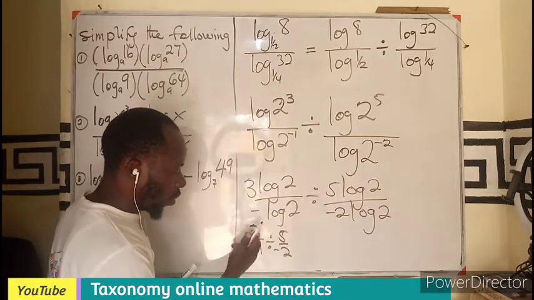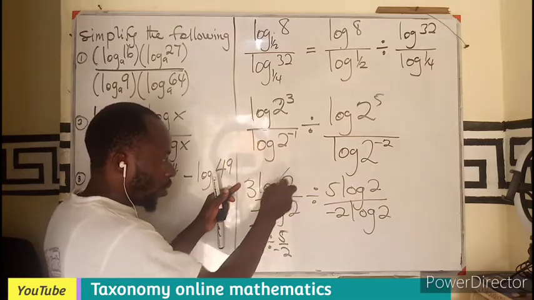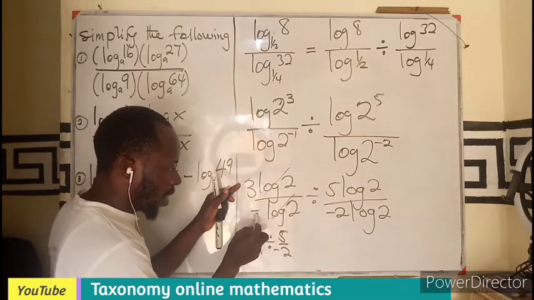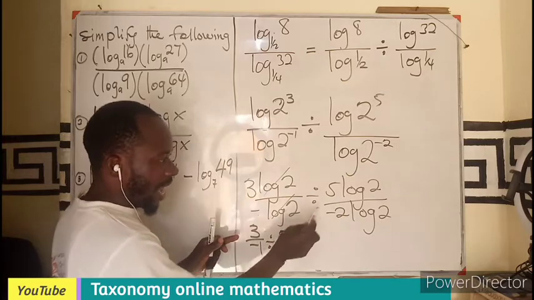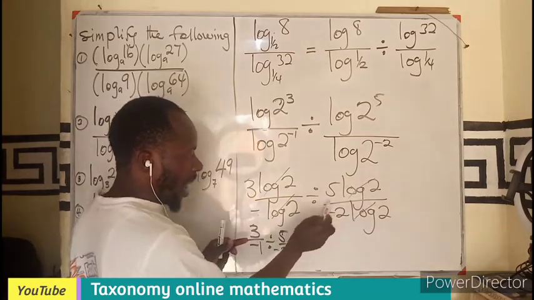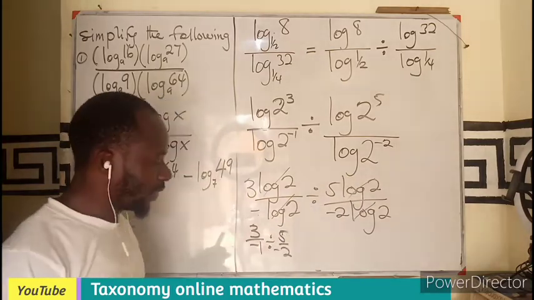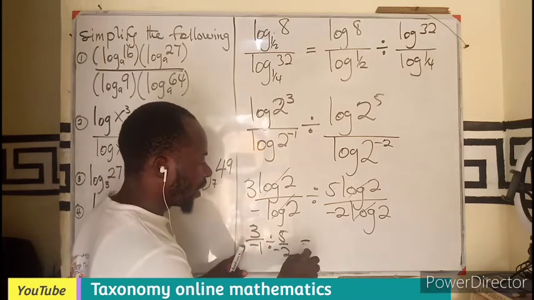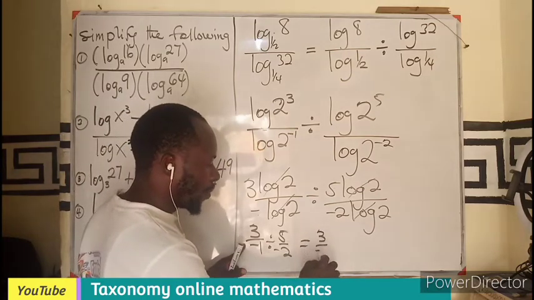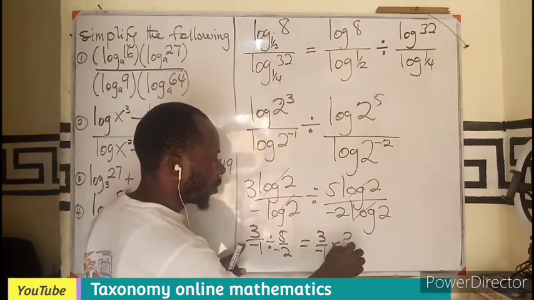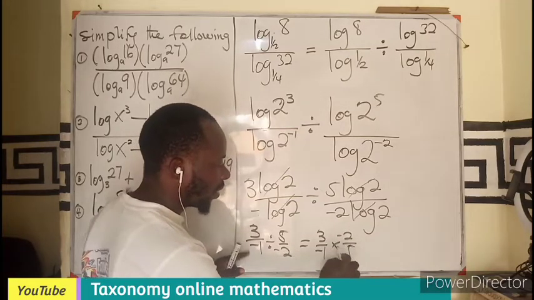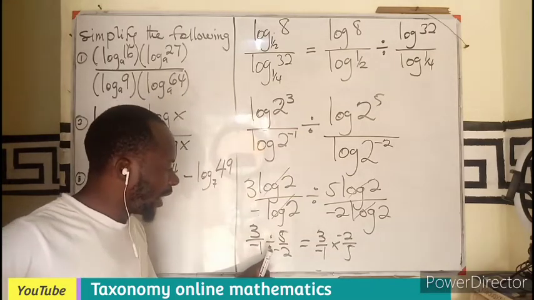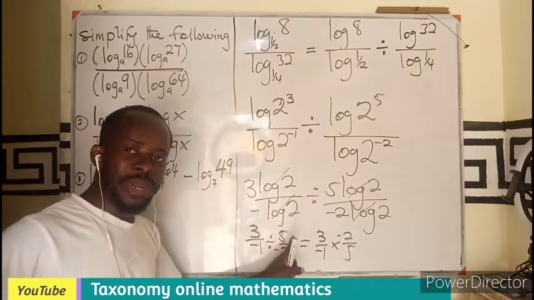This is division. So the logs are gone. I'm left with 3 over minus 1 divided by 5 over minus 2. Per the fraction rule, if you change this to multiplication, you flip the fraction.